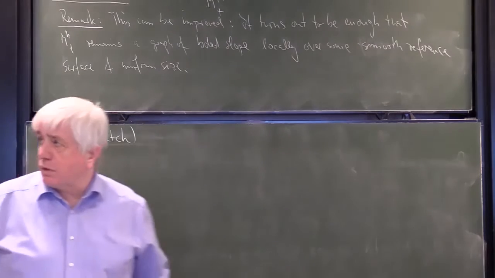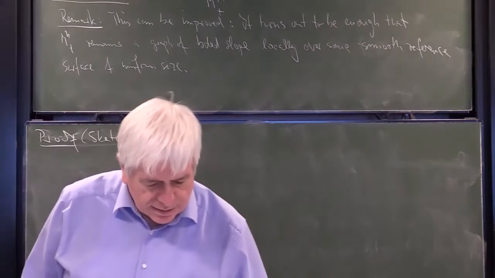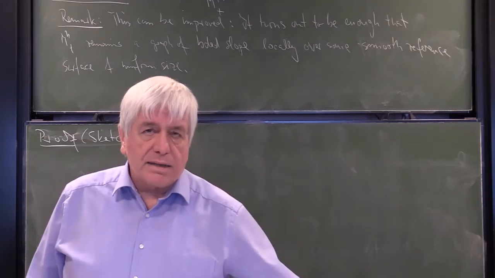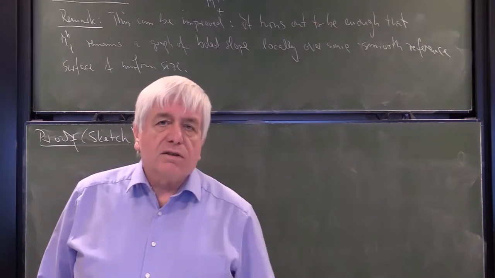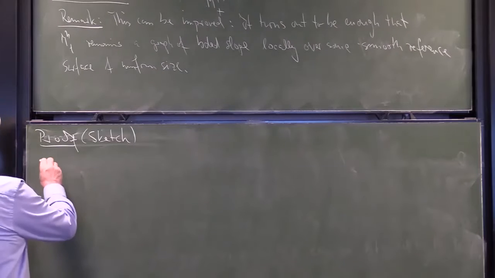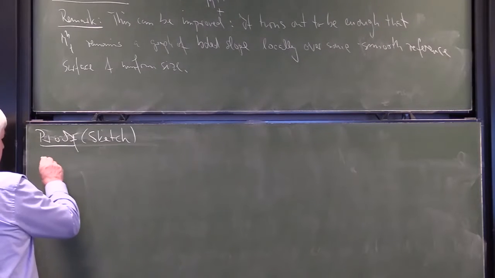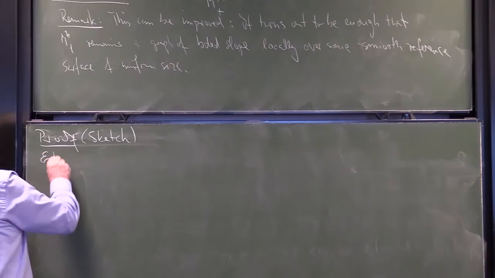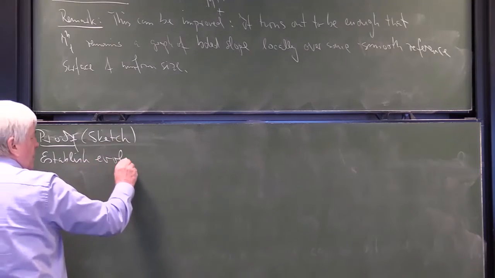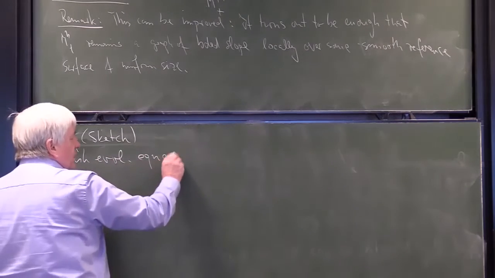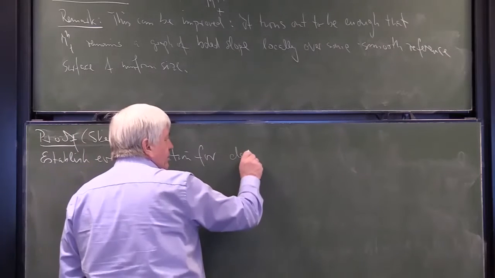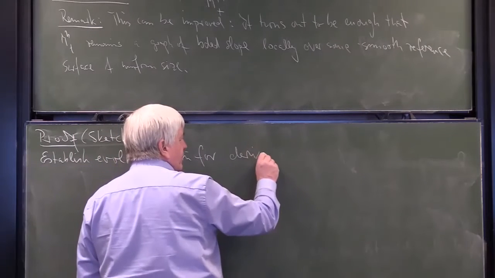I want to show that the assumption that the curvature is bounded implies that all higher derivatives of the curvature are bounded as well. For that, we need the evolution equations for the second fundamental form, or the derivatives of the second fundamental form.